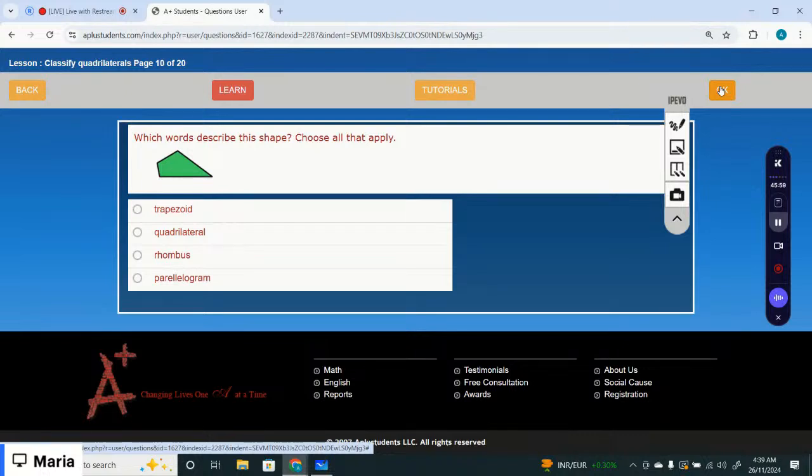Which word describes this shape? Which is the correct option? Quadrilateral, it is.